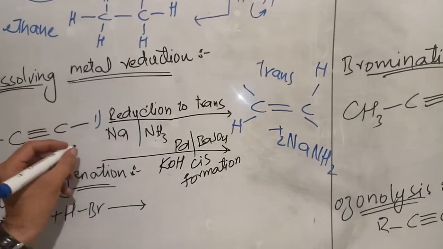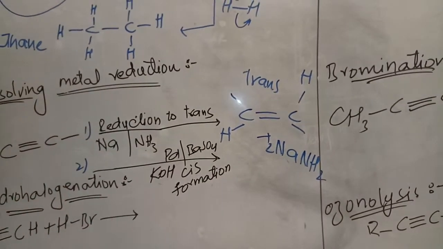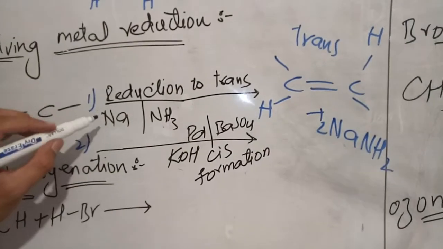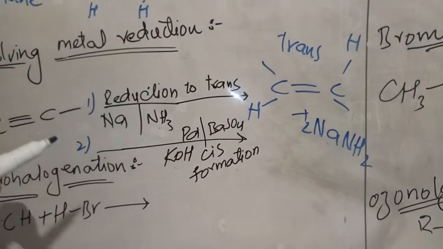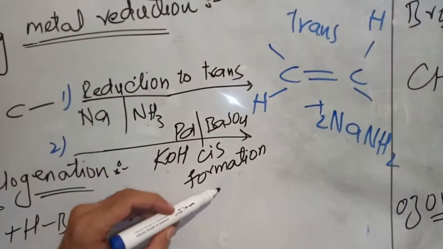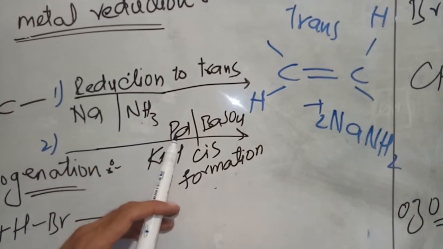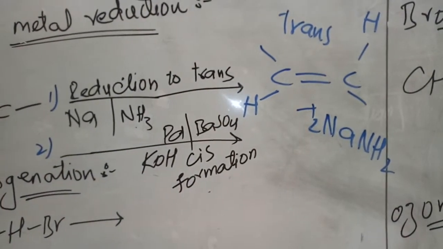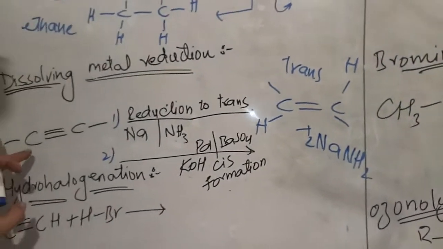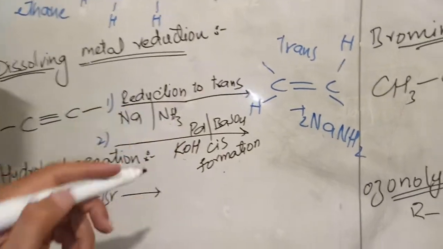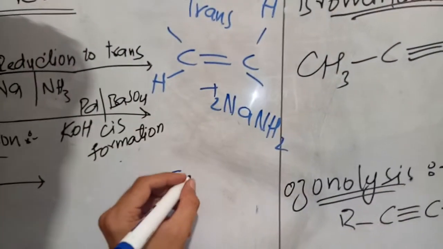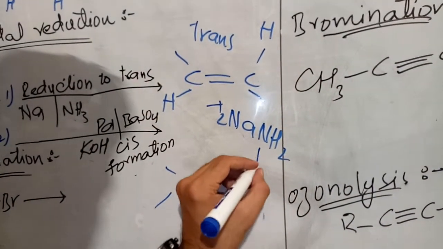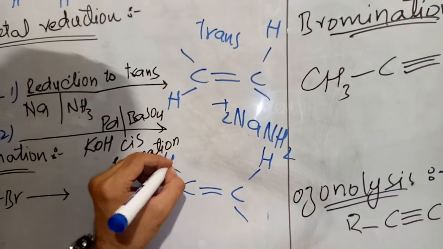Dear students, the other type of reduction is for cis. As for trans, we have taken sodium in liquid ammonia, and if we want cis formation, we will take Pd, palladium, and BaSO4, barium sulfate. If we reduce these alkynes in the presence of these reagents, we will get the product as C double bond C, and the incoming hydrogens will be on one side.